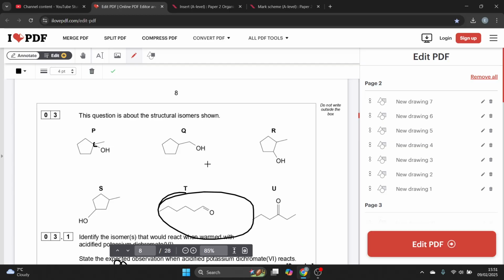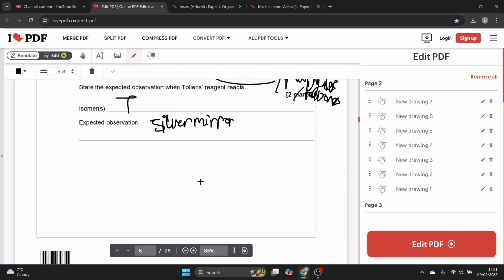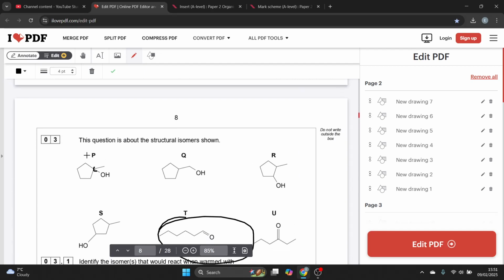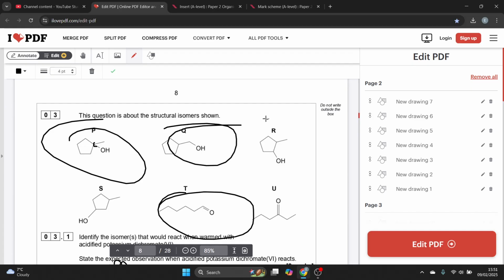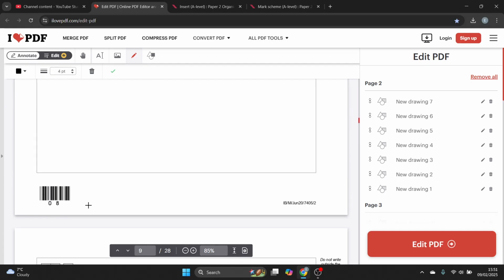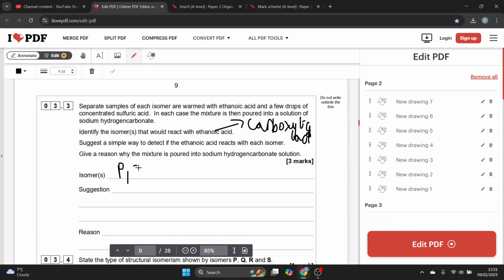No, the alcohols, because remember, carboxylic acid plus alcohol forms your ester. So it's just going to be all the alcohols: P, Q, R, and S.